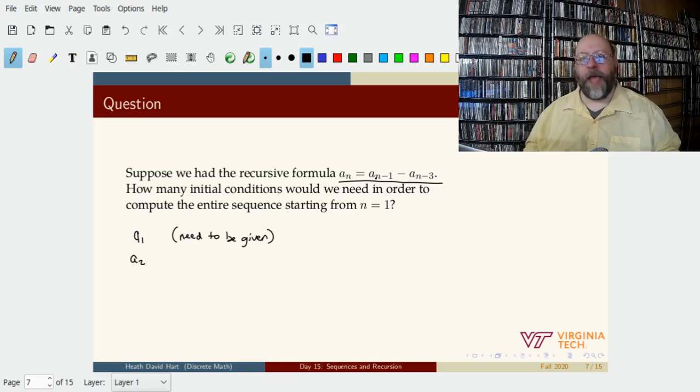A2 would be A1 minus A of 2 minus 3, which is negative 1. I don't have an A negative 1 to work with, so I would need to be given this one also.